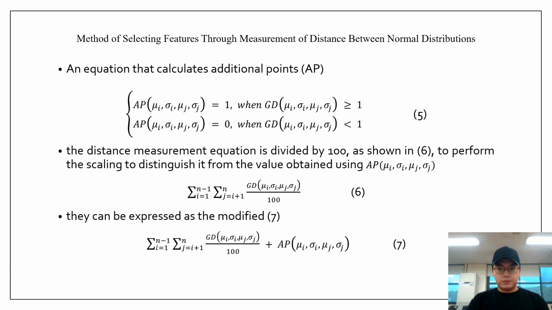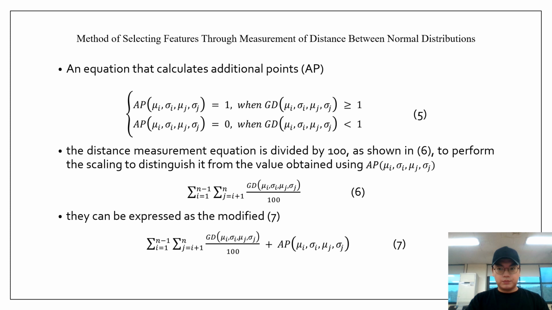The feature selection for multiple classes cannot be performed simply by the distance measurement only. Therefore, an equation that calculates additional points, which we call AP, is required. The AP can be obtained through equation 5.